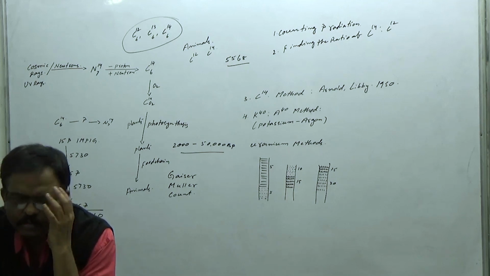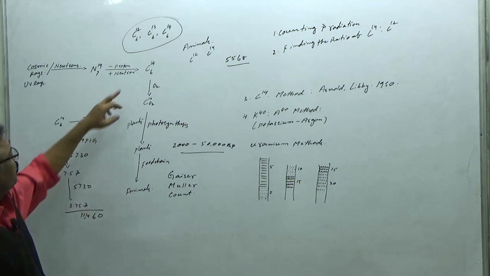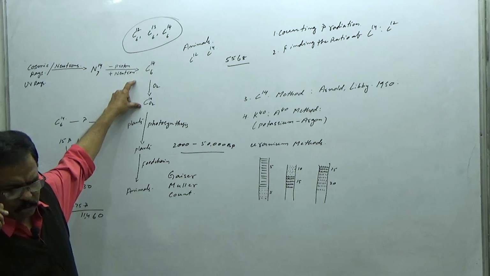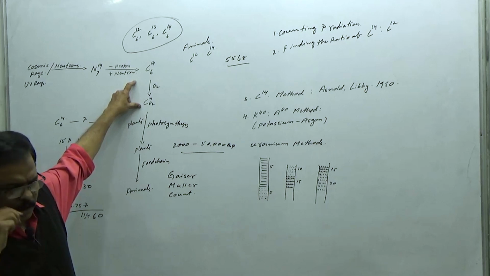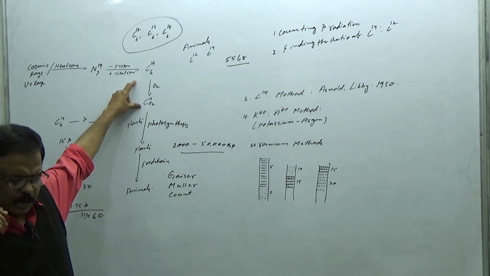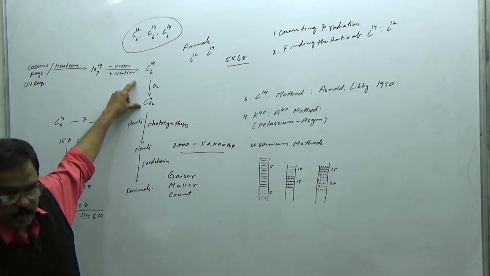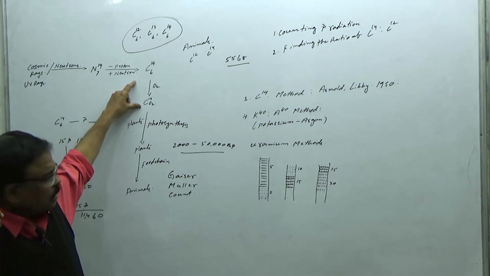This C14 converts into radioactive carbon dioxide after reacting with atmospheric oxygen.